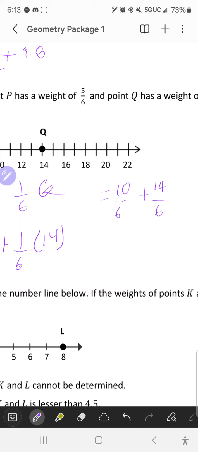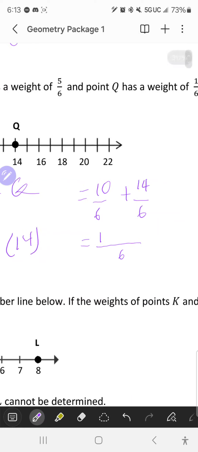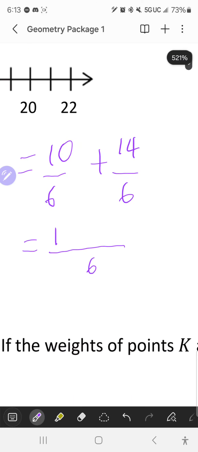Now, since they have the same denominator, we can just leave the denominator in the bottom and add the numerators. You guys should know this from Algebra 1, but I'll explain it anyway. When you're adding or subtracting two fractions, what you need to do is make the denominators equal.